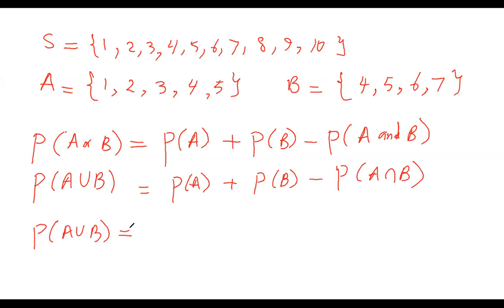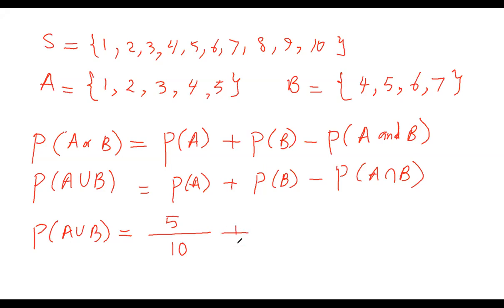But what is P of A? How many elements do you have in A? I have 1, 2, 3, 4, 5 elements in set A, divided by, what is my sample space? 1, 2, 3, 4, 5, 6, 7, 8, 9, 10.